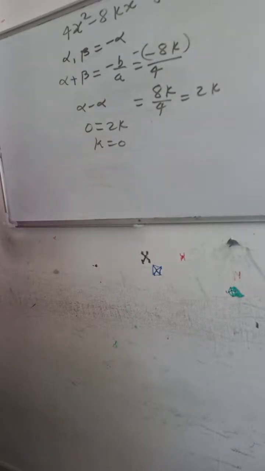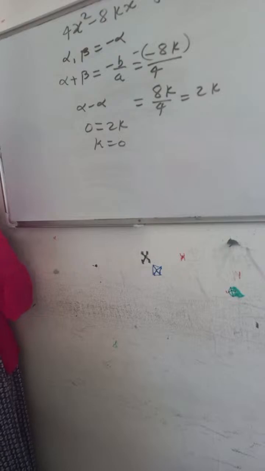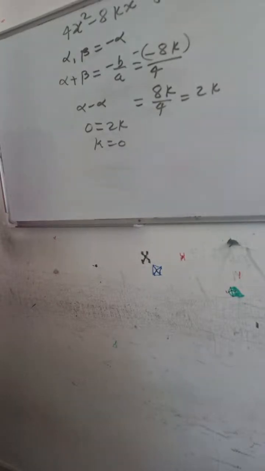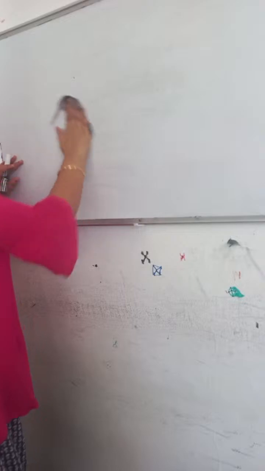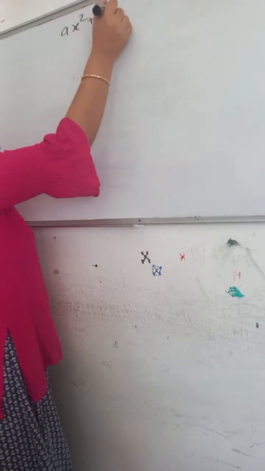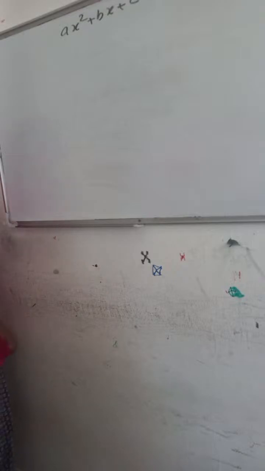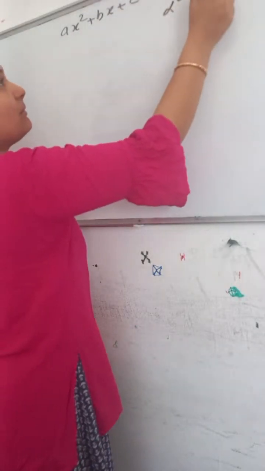Write down next question. If alpha and beta are the zeros of the polynomial f of x is equal to ax square plus bx plus c, then find 1 upon alpha square plus 1 upon beta square.